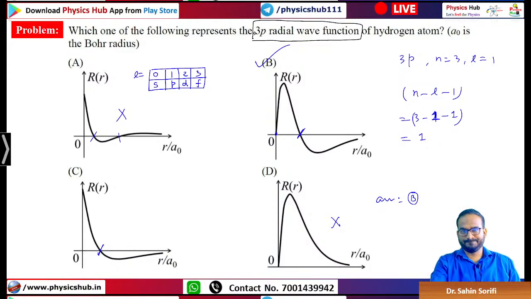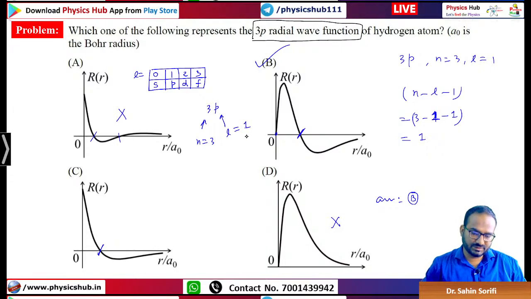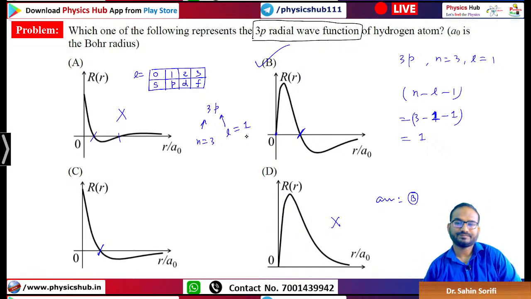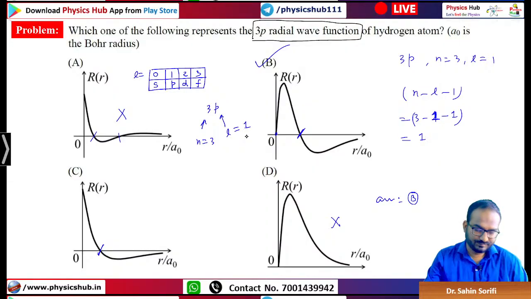And here in 3p, the first number shows the principal quantum number. The second gives you the orbital angular quantum number l. Understood, Fatima?